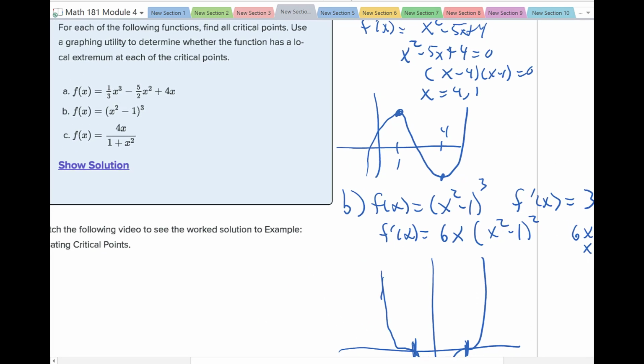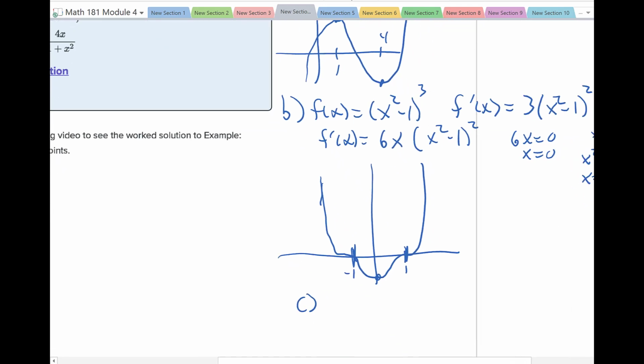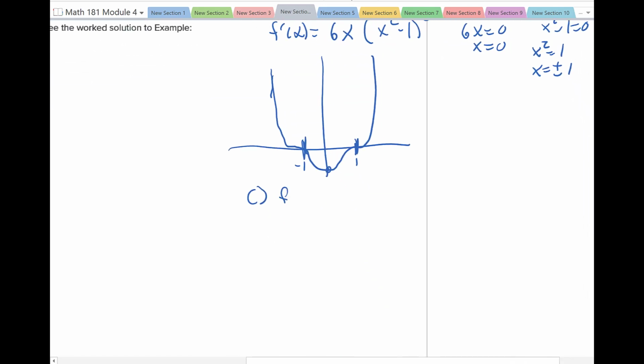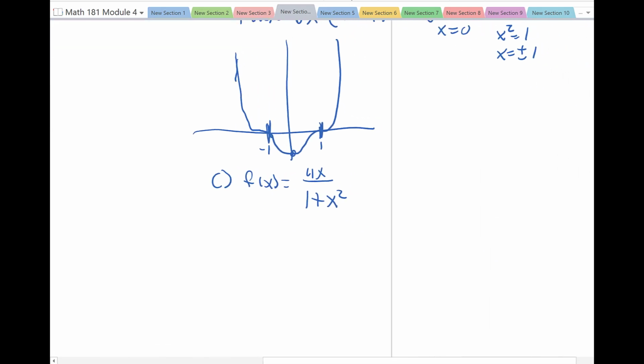We have for C, f of x equals 4x over 1 plus x squared. That's not in parentheses. Okay.